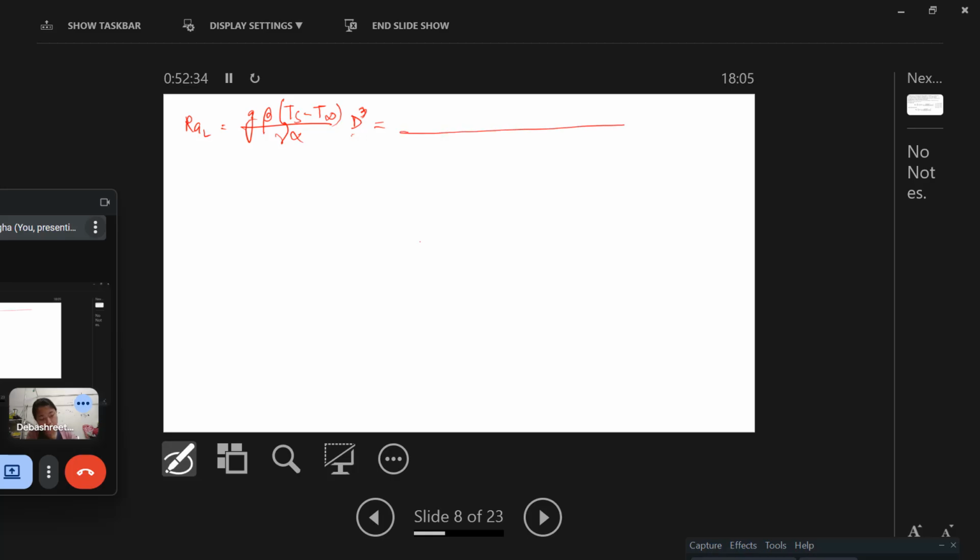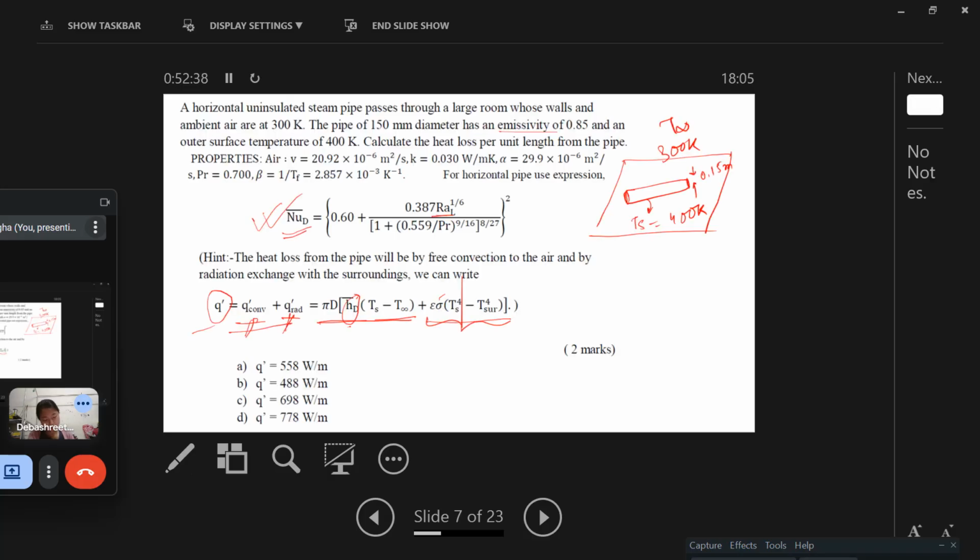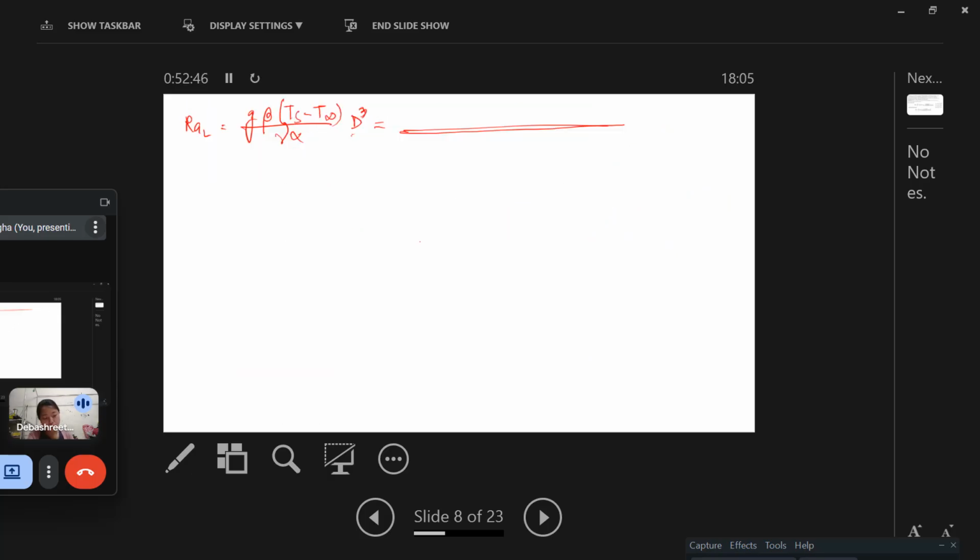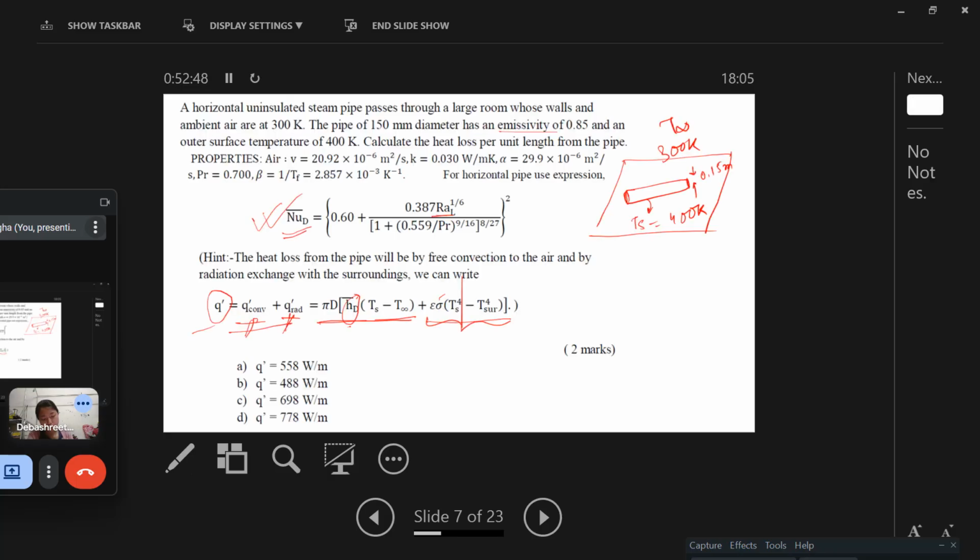So this is given. g is 9.8, acceleration due to gravity, and then beta is 1 by T mean. T mean is calculated by adding T infinity and the surface temperature and taking the average, so that is 350 Kelvin.